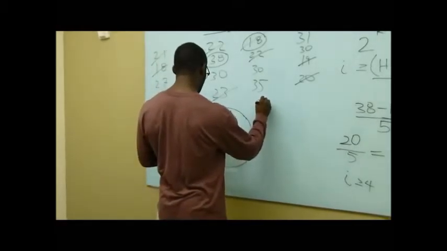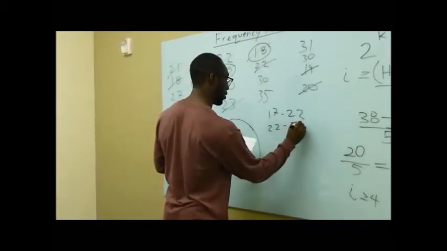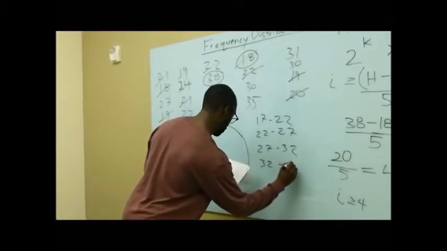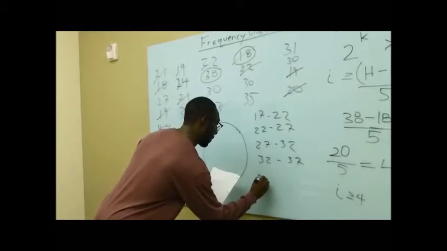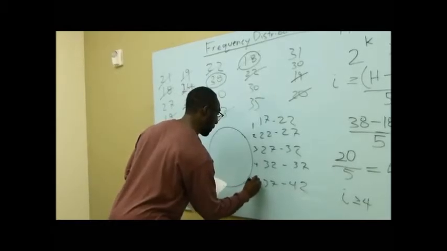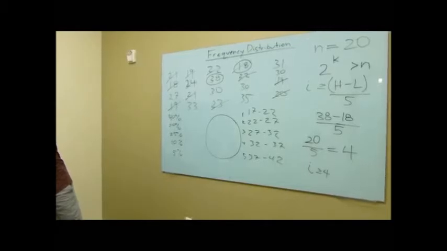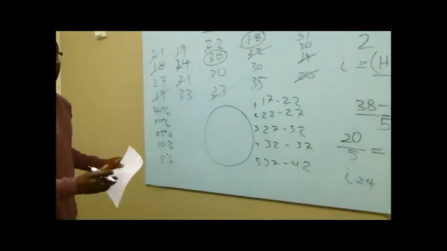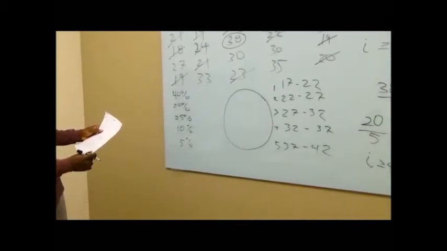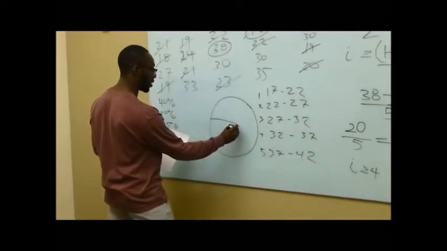And for those intervals, we can show them through the pie chart. And how to construct a pie chart is very simple. We can just associate the percentages with each. 40% would look a little something like this.